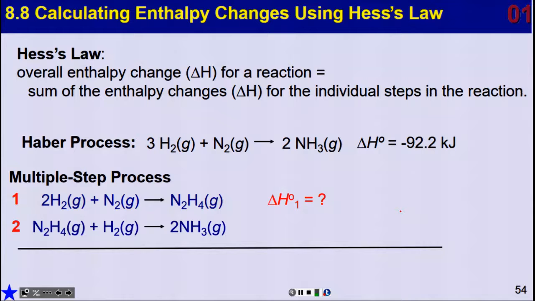So what we'll do is find in a table of values someplace, and there are places to look these up. No one knows these numbers automatically, of course. The heat change associated with the reaction of hydrazine, N2H4, with some hydrogen to make ammonia is provided.